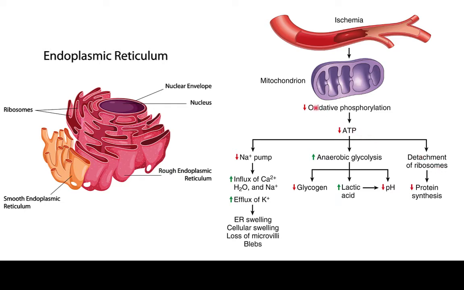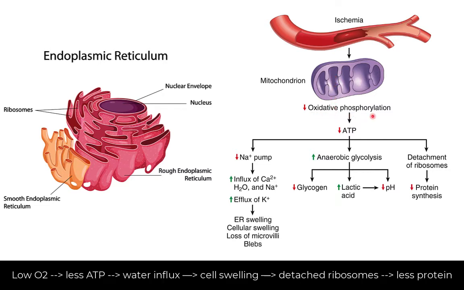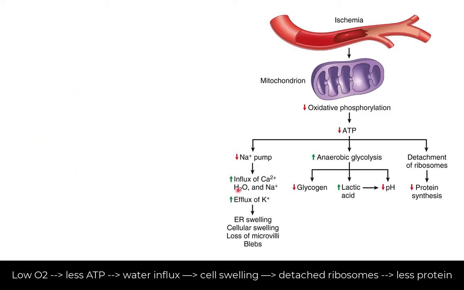We have decreased oxygen coming to the cell, decreased oxidative phosphorylation, Krebs cycle and aerobic glycolysis, decreased energy production, and that will result in a decrease in the function of sodium-potassium ATPase. The sodium will come inside the cell, and the calcium and water.